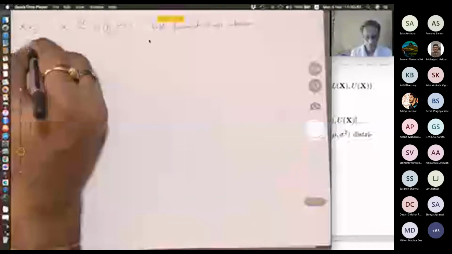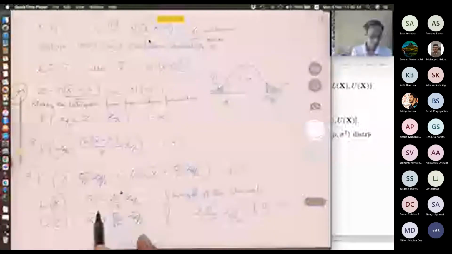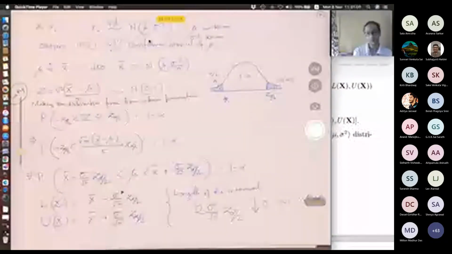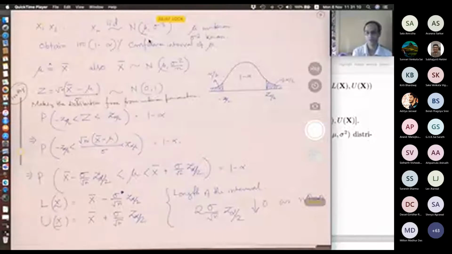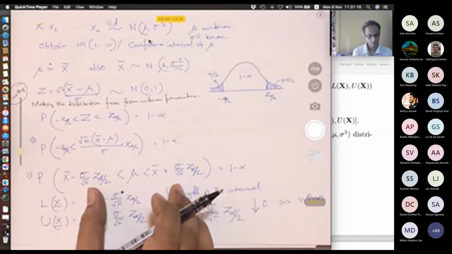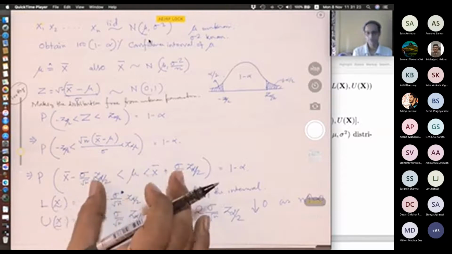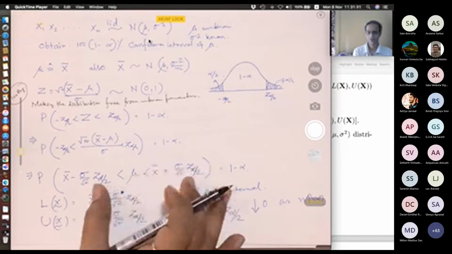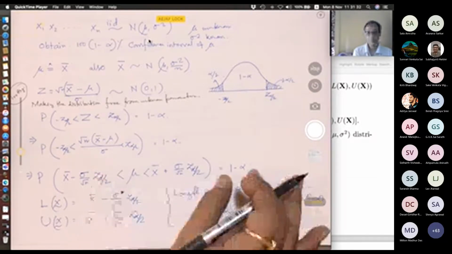Now here you can see that if you change from one sample to another, the value of x bar is going to change, and as a consequence, the lower bound and the upper bound of this interval are going to change. Whatever interval you get from your data, whatever interval I get from my data, they can be different. But in a probabilistic sense, if we follow the same method, your method should satisfy that the true value of the parameter within your interval will be with probability 1 minus alpha.